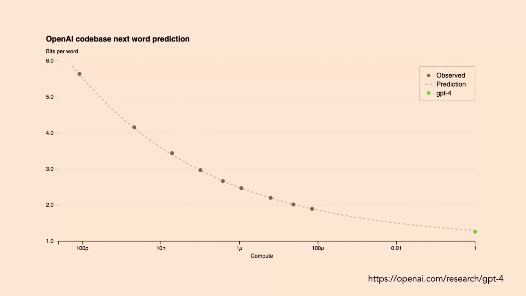Okay, so here is another scaling law from OpenAI that they used to decide how to train the GPT-4 model. On the x-axis is the compute, and on the y-axis is the performance of the model, measured in bits per word. This is related to the cross entropy of the next word prediction, so lower means I'm making more accurate predictions.